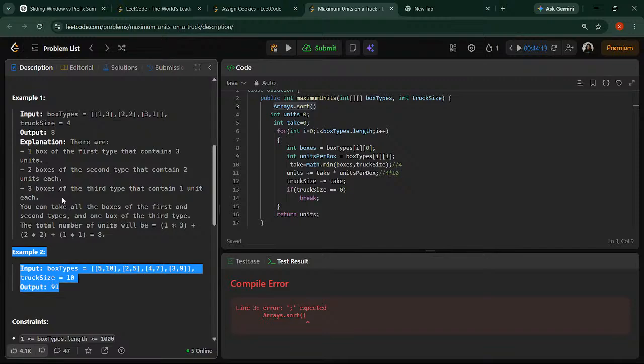Again take 2 boxes. So our units will be 2 into units per box is 3. We took 6 in a unit. Like 6.